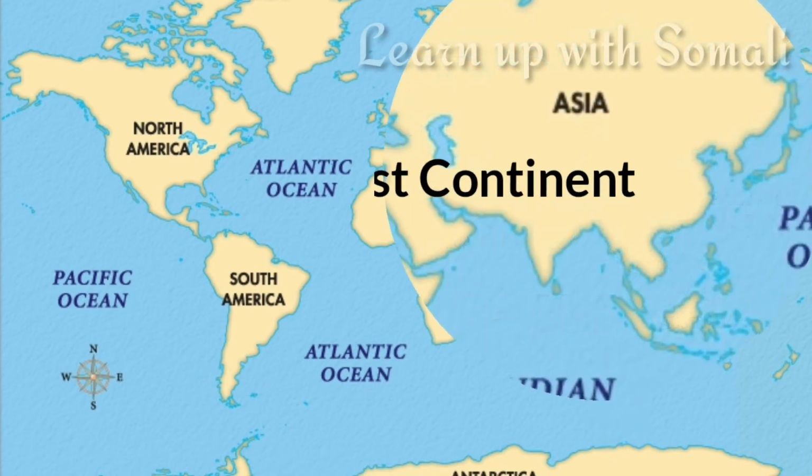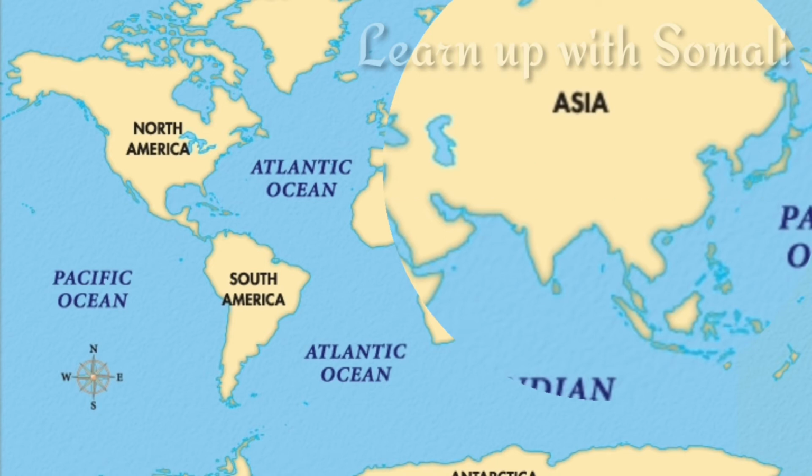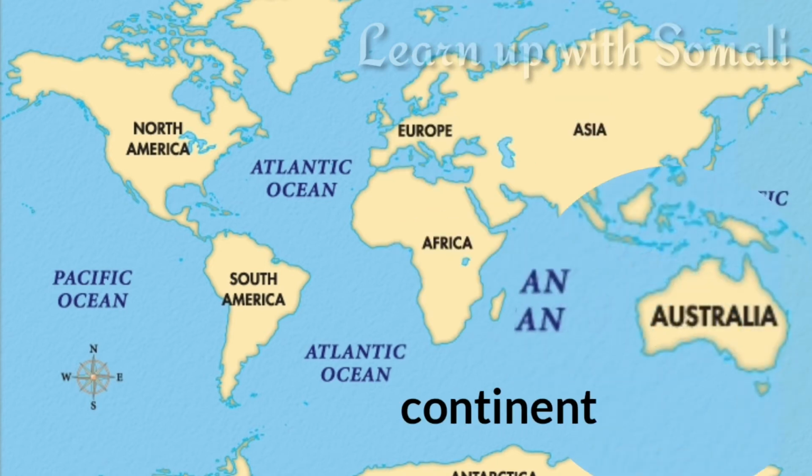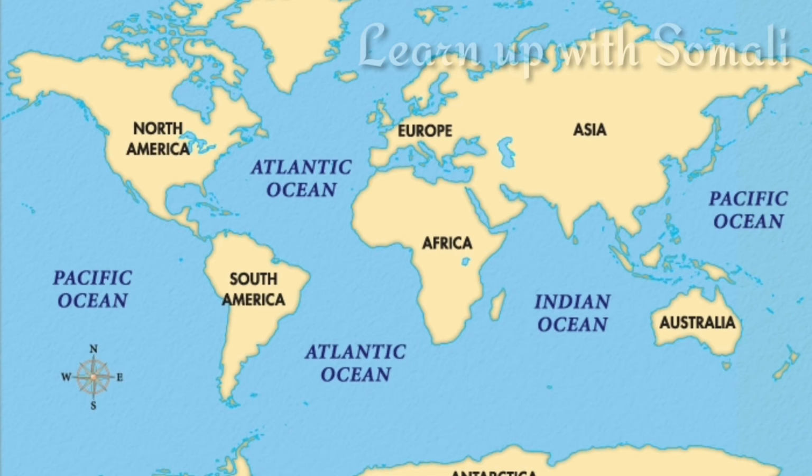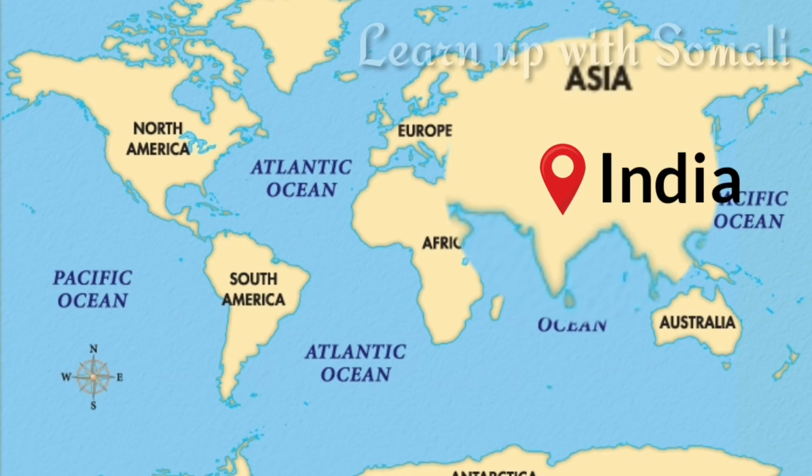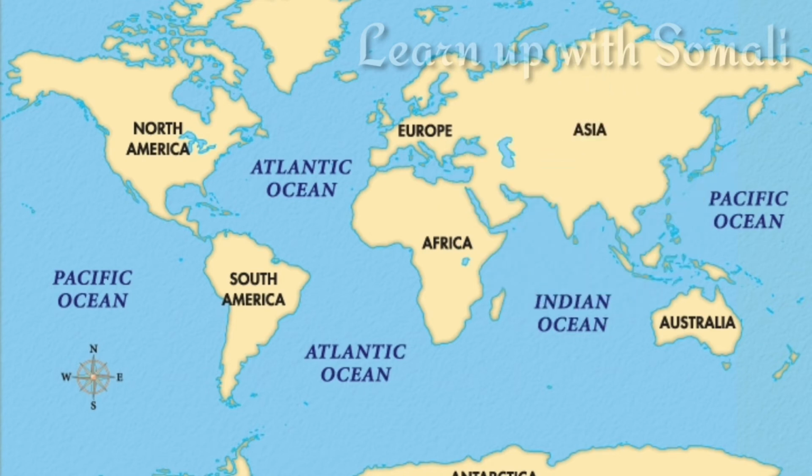Asia is the largest continent on the Earth and Australia is the smallest continent. The continents are usually divided into several countries. India, our own country, is a part of the largest continent, Asia.